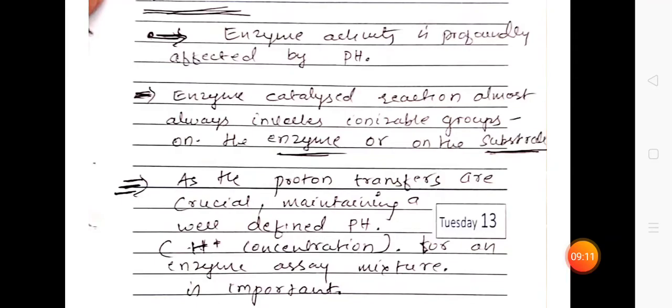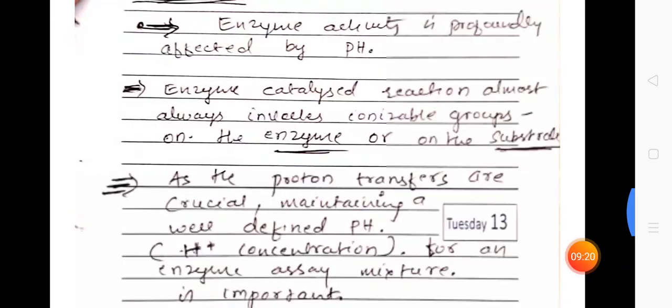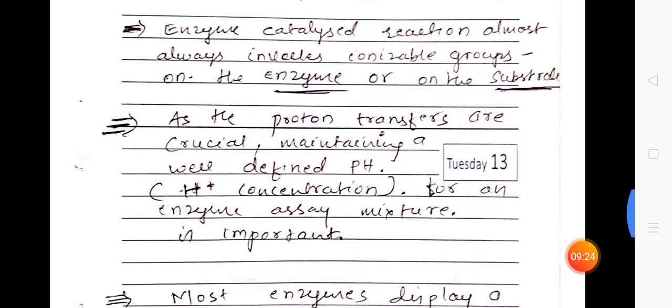It means the ionizable groups are mainly present in the enzyme as well as the substrate, and they are mainly involved in making the enzyme reaction catalyzed. Proton transfer is crucial, and maintaining a well defined pH, that is hydrogen ion concentration, for an enzyme assay mixture is very important.